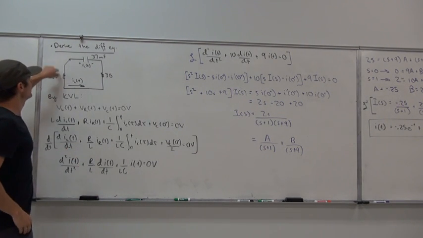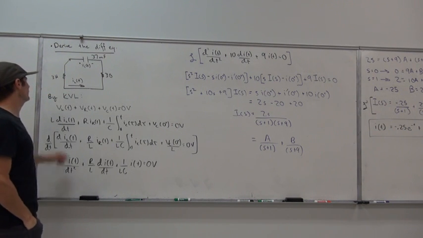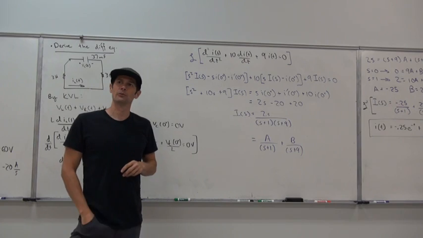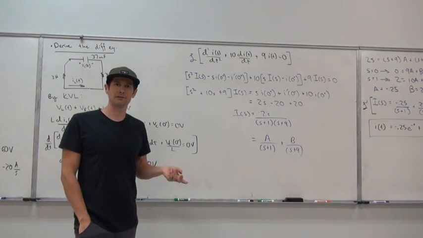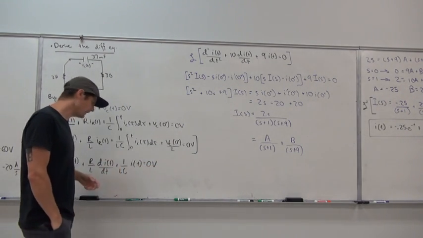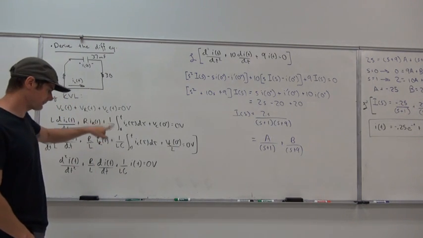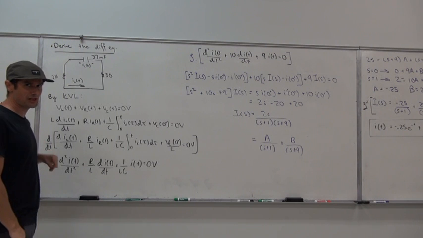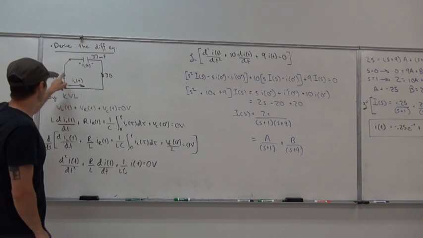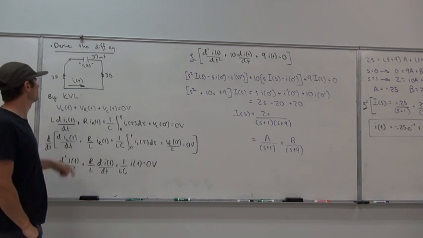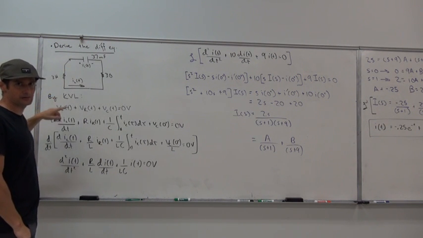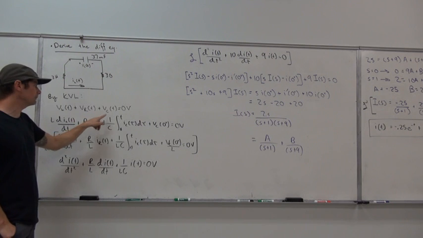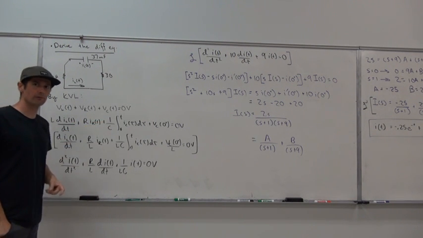So here, going around the closed loop, obviously for IL of t, we want to stay consistent with the way that current was found at the beginning of the problem, and that can't change direction. So we're just going to allow that to flow counterclockwise here. So by KVL, VL of t plus VR of t plus VC of t is equal to 0 volts.